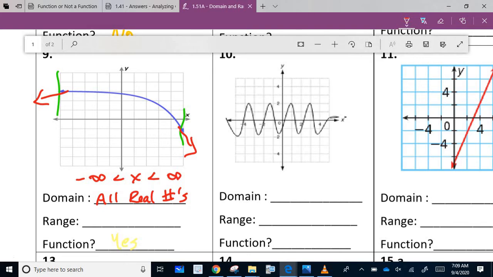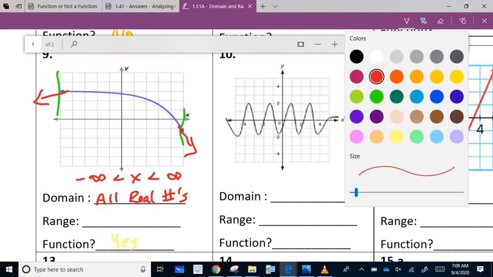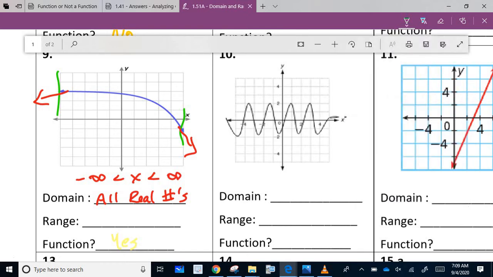Now, when we're looking at number 9 at the range, I come up with my pencil coming this way, and I see that I run into it right here. So this one does not have a stopping point.